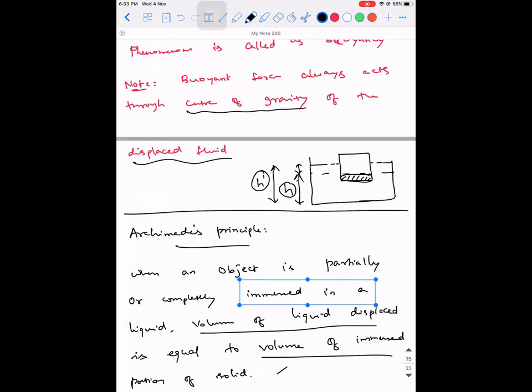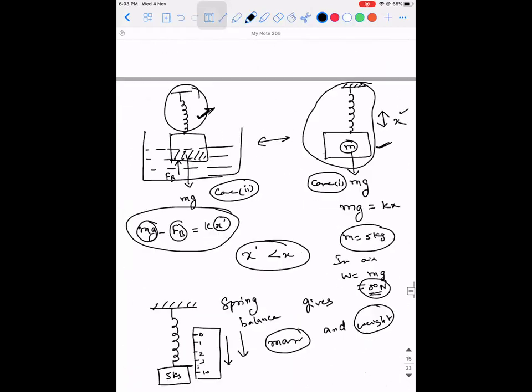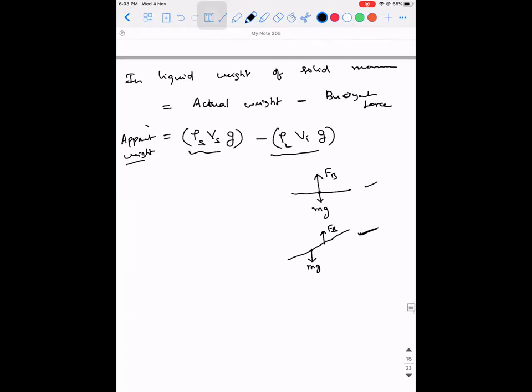You take all those things into consideration: how the bottom is supposed to be, how you maintain the stability of a floating object. I hope you're clear with what apparent weight is. In physics, apparent means the decreased value. Most of the places you will see, apparent means decreased value.